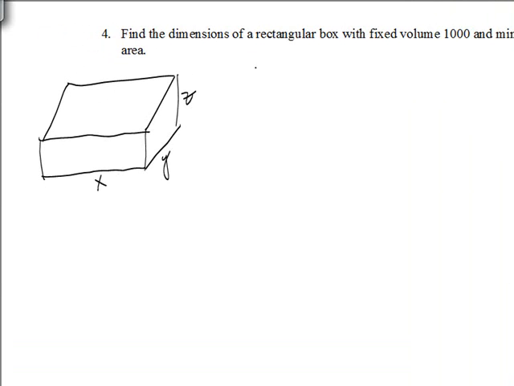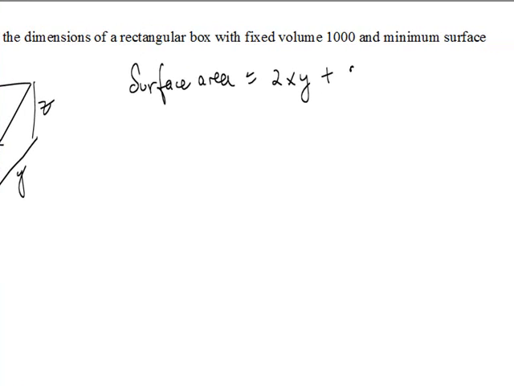And so let's find the surface area. It's a closed box, so the bottom is xy, the top is also xy, so that's 2xy. One of the sides xz, and it's always twice, so 2xz. And the last one is 2, what am I missing? yz. So this is what we're trying to minimize.